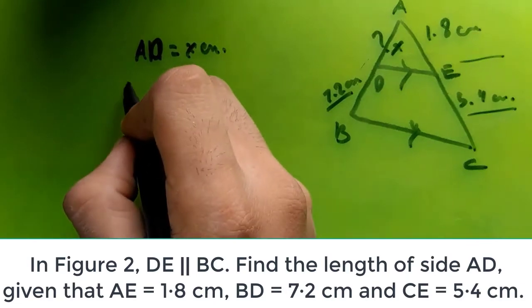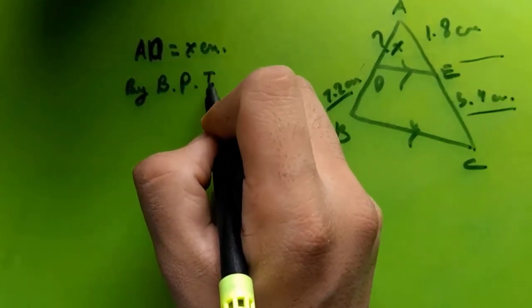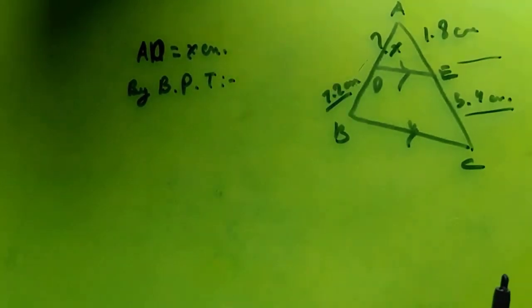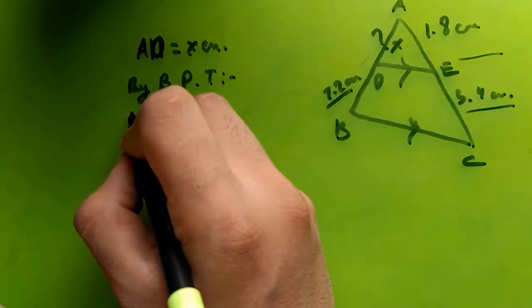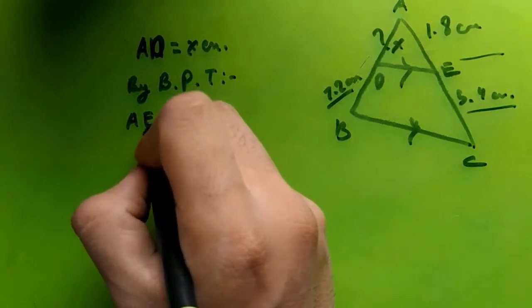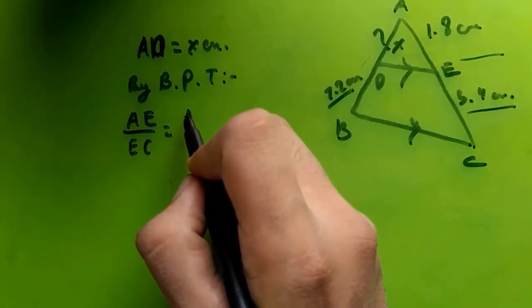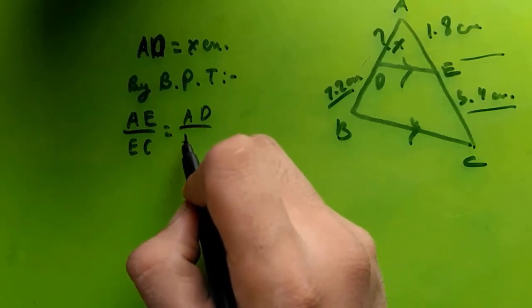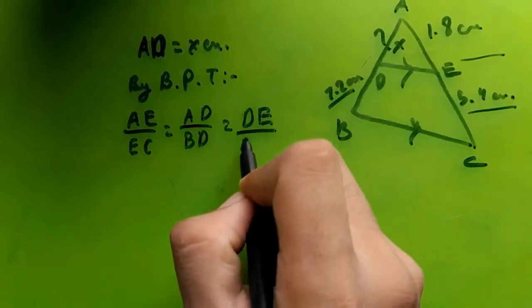Therefore by BPT, basic proportionality theorem, we know that AE upon EC is equal to AD upon BD is equal to DE upon BC.